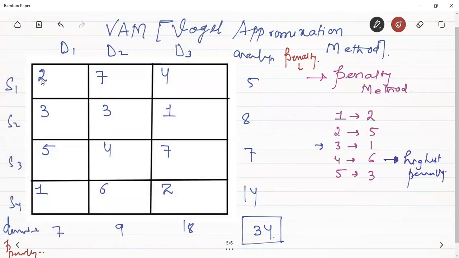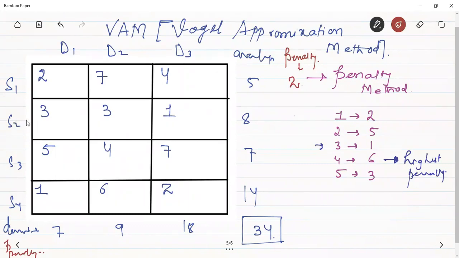So ये क्या कहता है, अगर हमें फर्स्ट रो की पेनल्टी कैलकुलेट करनी है, it is given by the difference of the lowest and उसके बाद का हाईएस्ट. ठीक है? You can see that in the first row the lowest is 2 and the next higher to it is 4. Therefore, the penalty is the difference between 2 and 4. You can see that the difference comes out to be 2. This 2 is the penalty for this row.